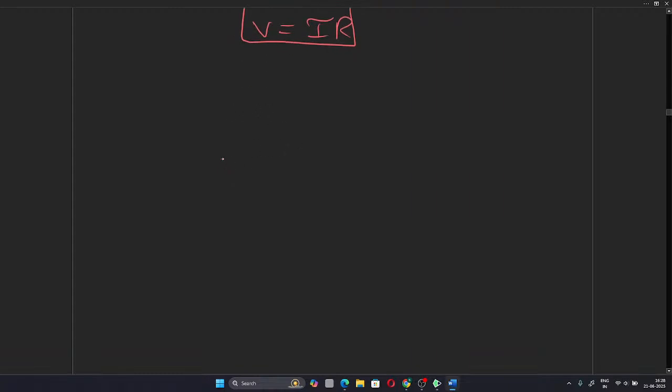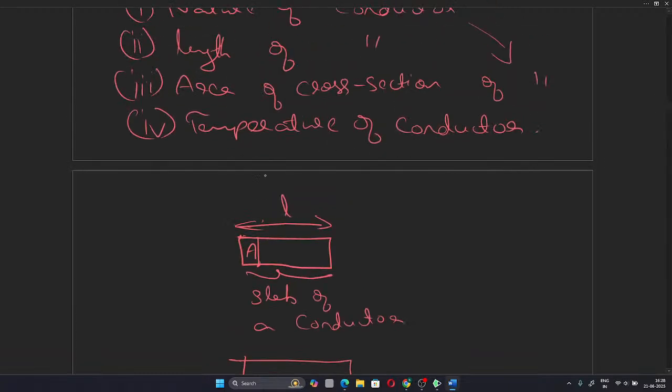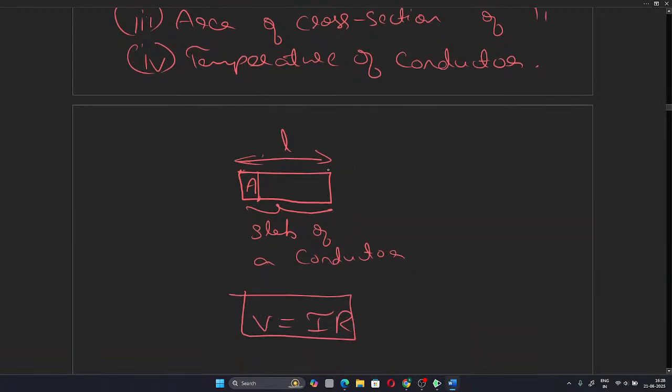Let's call this piece of a conductor the B conductor, just for naming sake. It does not represent anything.